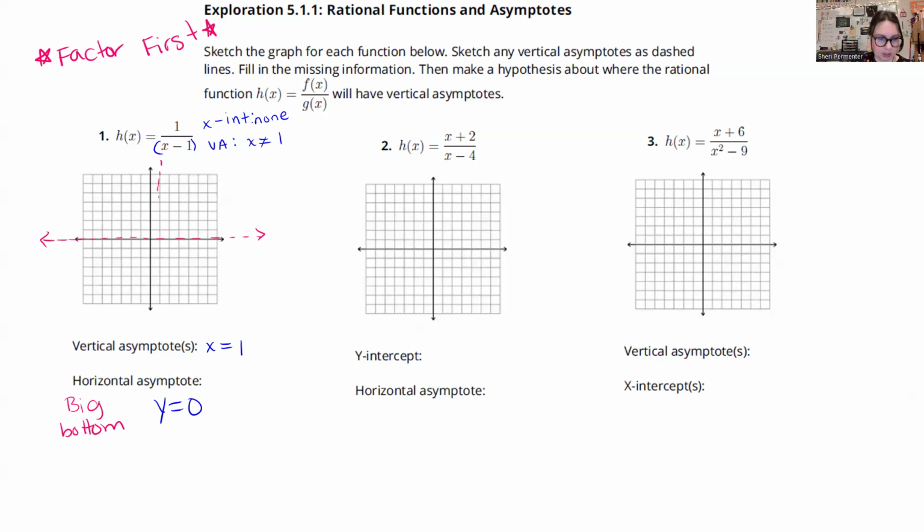I can't do a dashed line. It's too hard for me with these pens. So I'm doing them as solid lines only because I'm doing them in pink, so you can tell that they're definitely different. They're definitely not part of my graph. My graph does not live there.